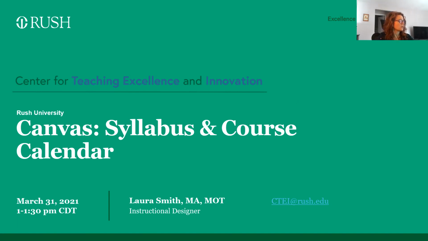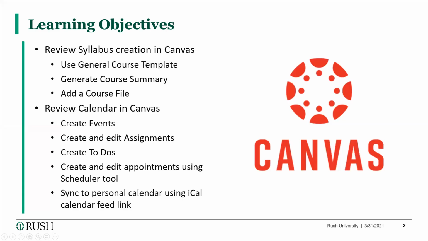Let me just jump ahead to my next slide here. I'll introduce the agenda for today, and then we'll go straight into Canvas, and I'll show you, at a high level, how some of these tools work. Today we're going to be talking about reviewing and editing the syllabus in Canvas.